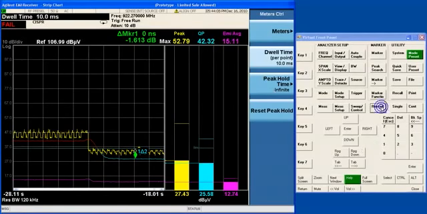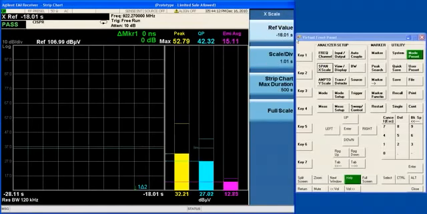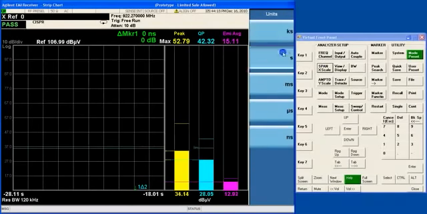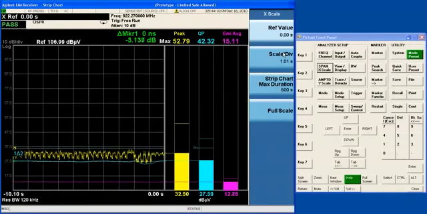So if we restart our capture and set our reference value back to 0 so that we're actually looking from the beginning. And now I know that if I capture for a minute while the turntable is rotating, then at the end of that minute, I can stop the capture and I'll be able to correlate the data in the strip chart with the position of the turntable in its rotation.